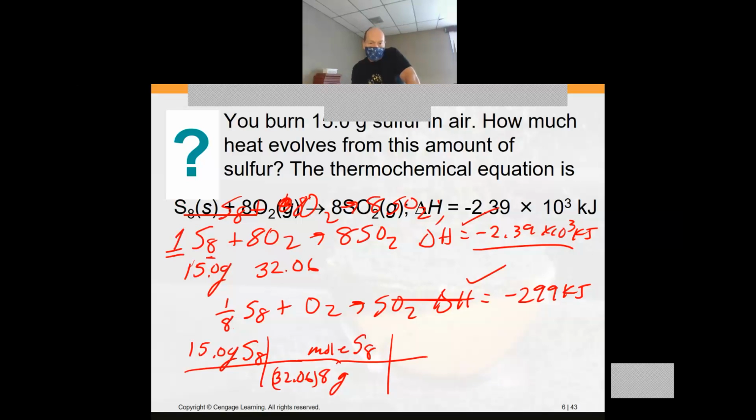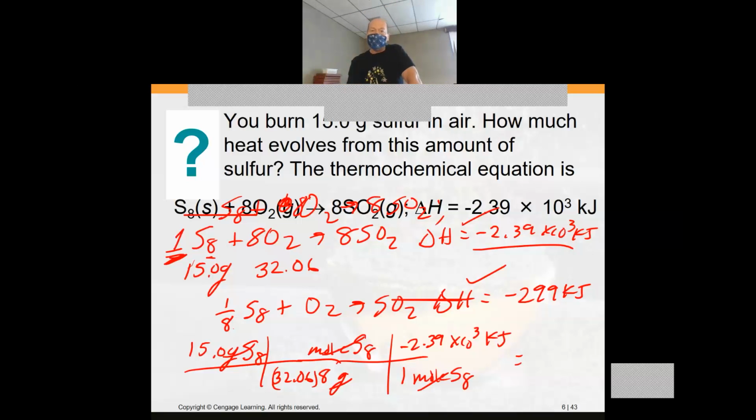If I use the one on top, I have 1 mole of S8 in the balanced chemical reaction, and that releases 2.39 times 10 to the third kilojoules. If I put 1/8 and negative 299, it would give me exactly the same answer. Moles of S8 cancel moles of S8, grams of S8 cancel grams of S8, and we have our answer in kilojoules.